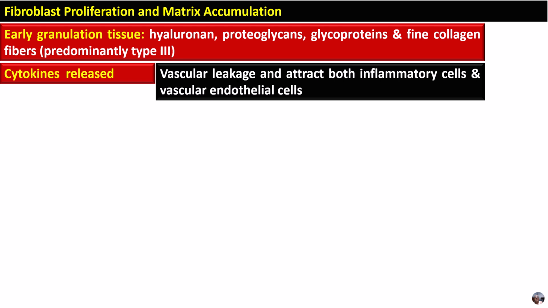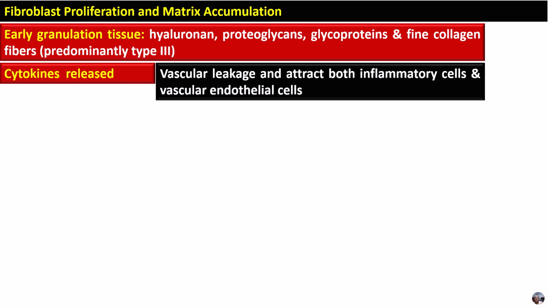So the early granulation tissue has a matrix that is composed of hyaluronic acid, proteoglycans, glycoproteins, and fine collagen fibers, primarily of type 3 collagen. These molecules provide a hydrated environment that promotes cell migration and angiogenesis.